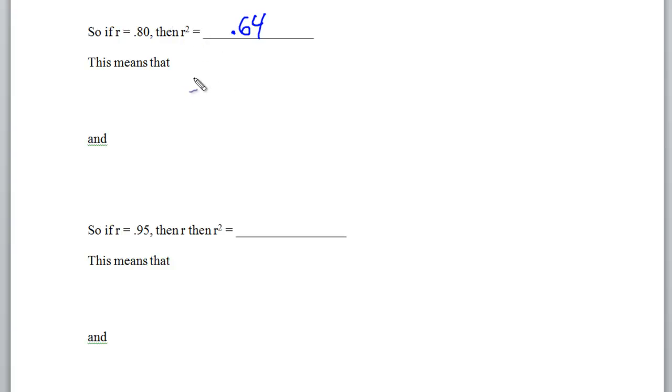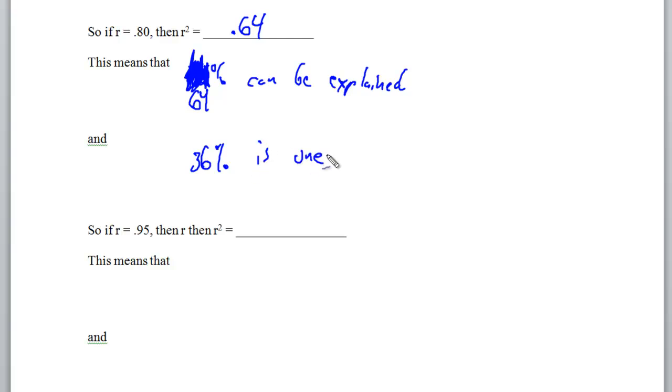And that means that 64% can be explained by your, let me make that an X, it can be explained by your independent variable. But, oh, not 80%. Sorry about that, I was looking at that problem there. This says that 64% can be explained, but 36% is unexplained.